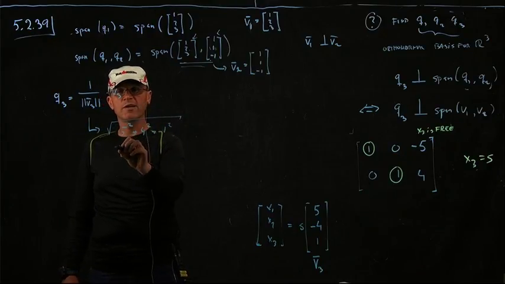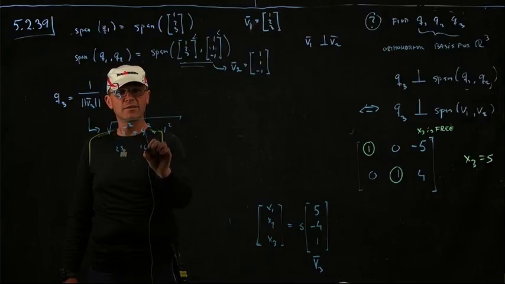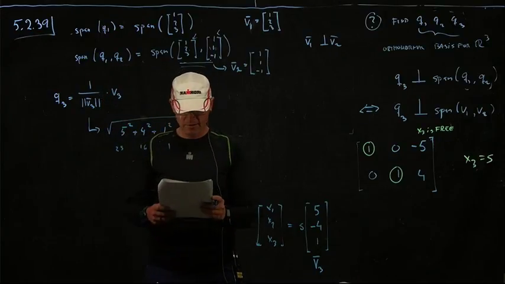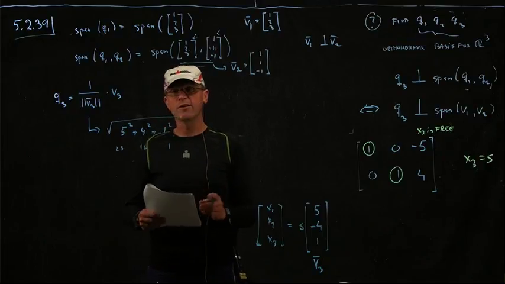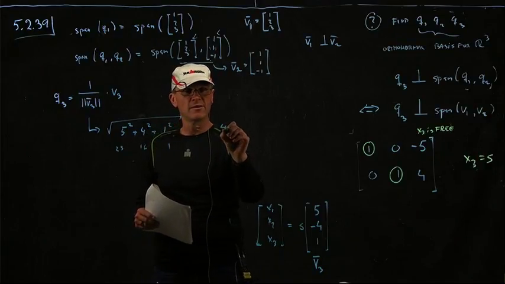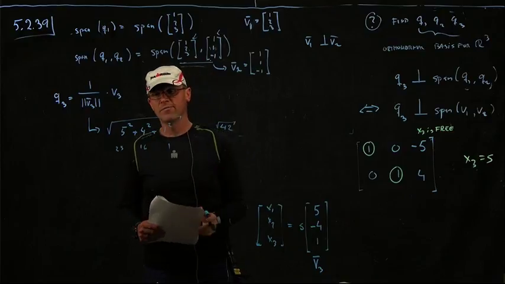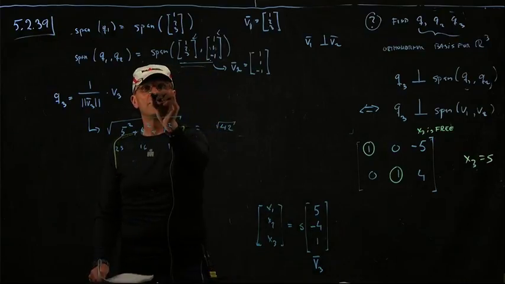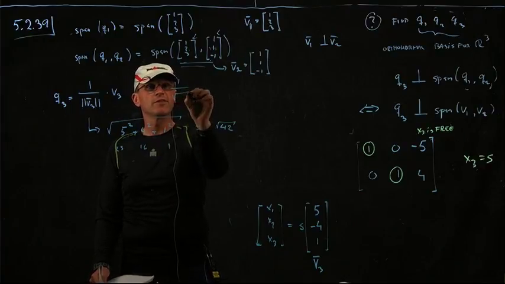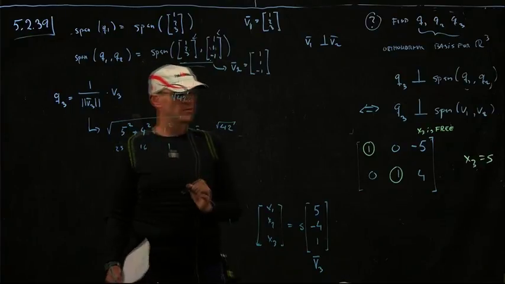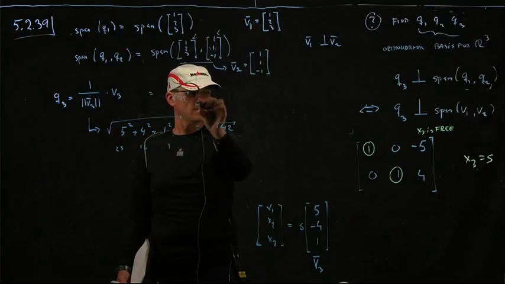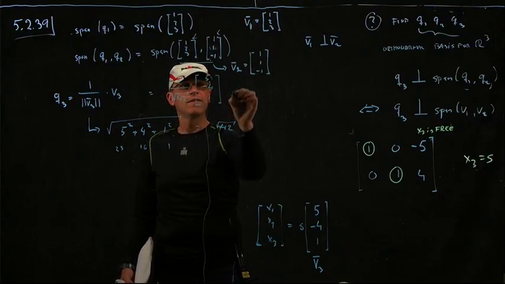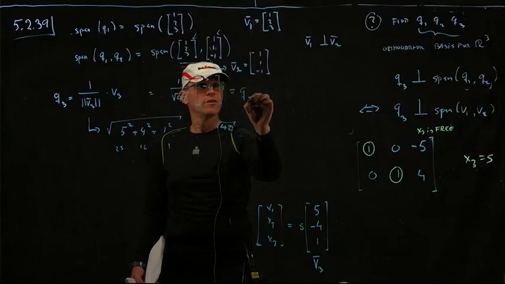So it's 25, 16, 1. Is that anything friendly? Not really. 42. Yeah, not very friendly. So 1 over square root of 42 times (5, negative 4, 1). That is our Q3.